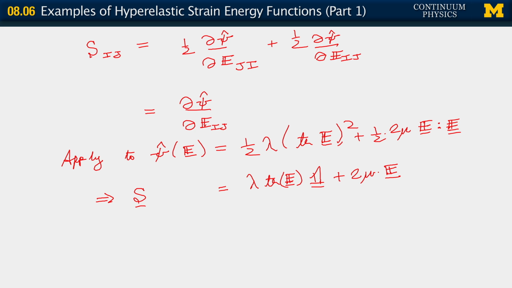Okay, it's symmetric, and it's symmetric because, of course, the first order isotropic tensor is symmetric and E itself is symmetric, so we do indeed get that S is symmetric. Okay, so we see, of course, that S equals S transpose.